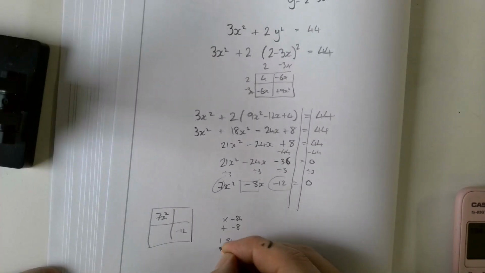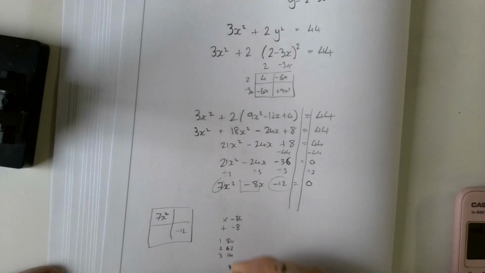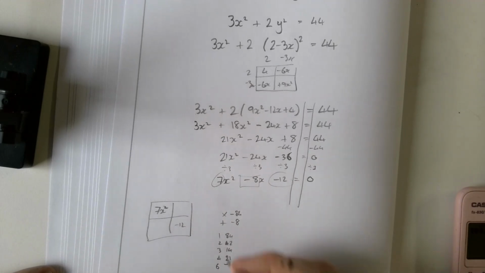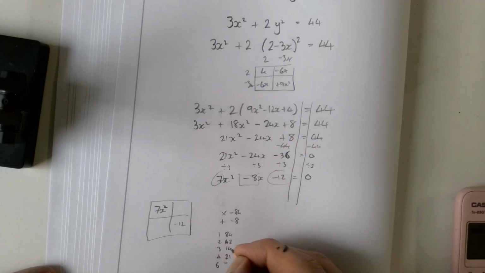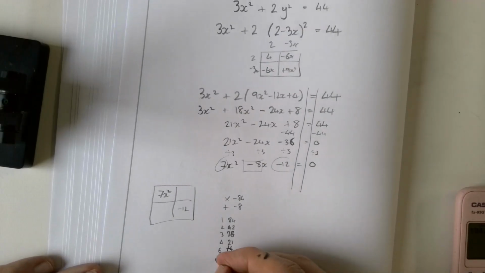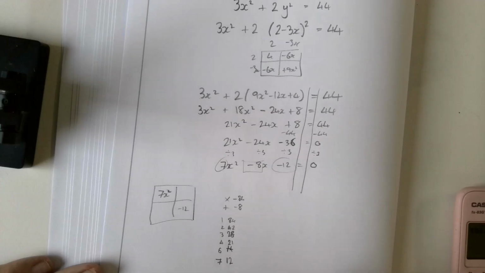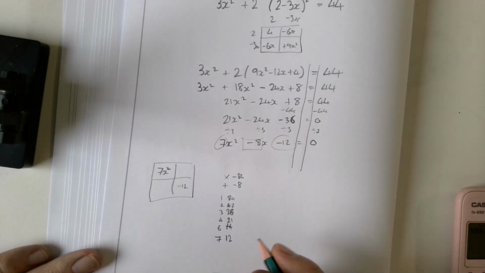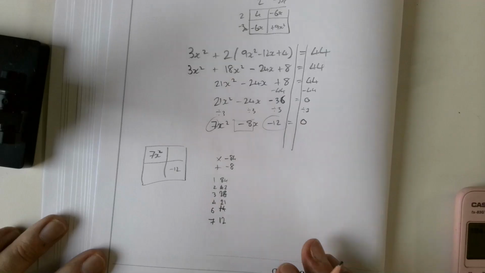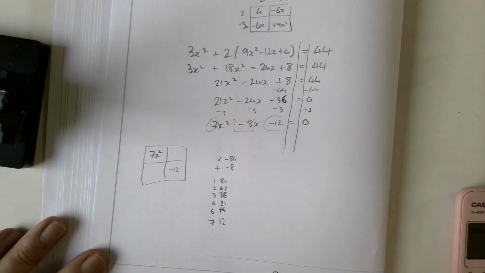So it could be 1 and 84, could be 2 and 42, could be 3 and 28, 4 and 21, 6 and 14, 7 and 12. So if I'm trying to do that, what am I doing?